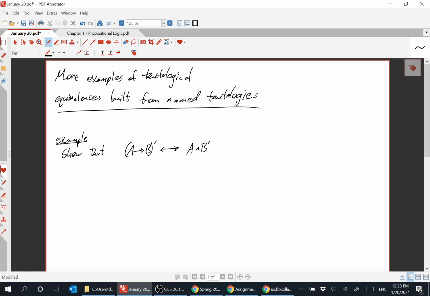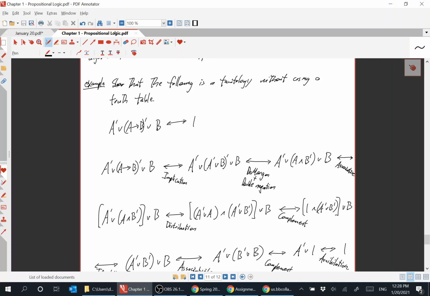Let's formalize it. We start with the left-hand side, and we want to use these named tautologies. We'll start off with the implication tautology. What was the implication tautology?